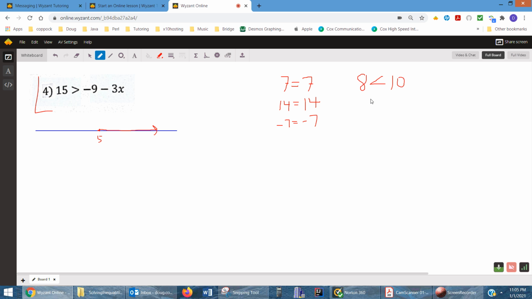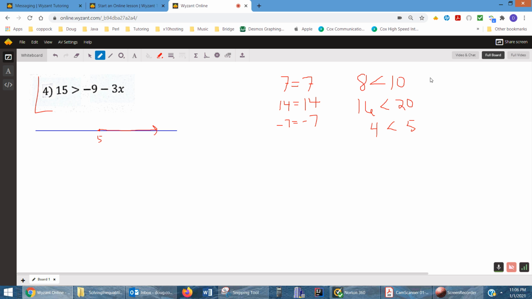If you multiply both sides by 2, you still have a true statement. In other words, the order of the numbers remains the same. 16 is still less than 20. If you divide both sides by 4, for example, 4 on the left, 5 on the right, you still have a true statement.